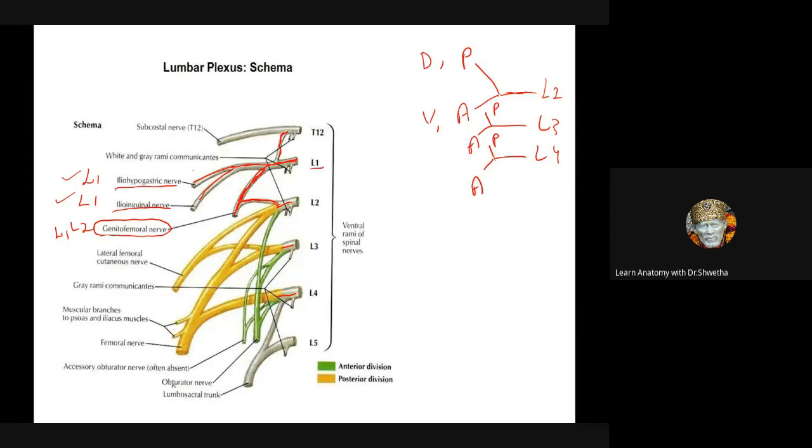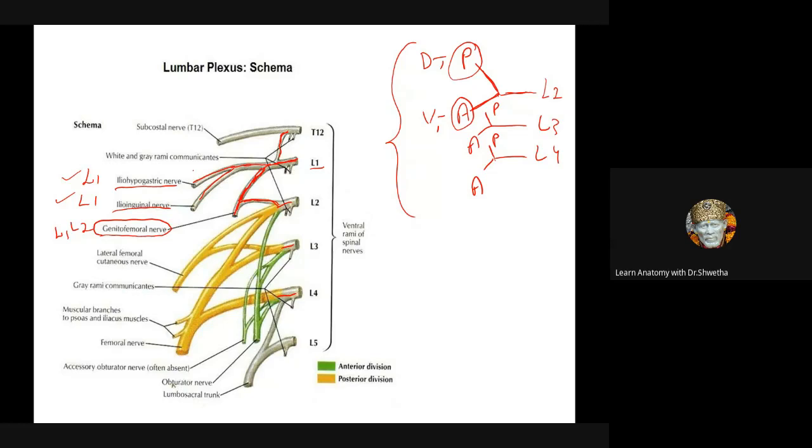Any idea why they should divide like this, students? I will tell you. They divide into anterior and posterior branches because they have to supply the lower limb, anterior aspect and posterior aspect. So the anterior branch will supply the anterior aspect of the lower limb and the posterior branch will supply the posterior aspect. Now anterior and ventral both are same, posterior and dorsal both are same.